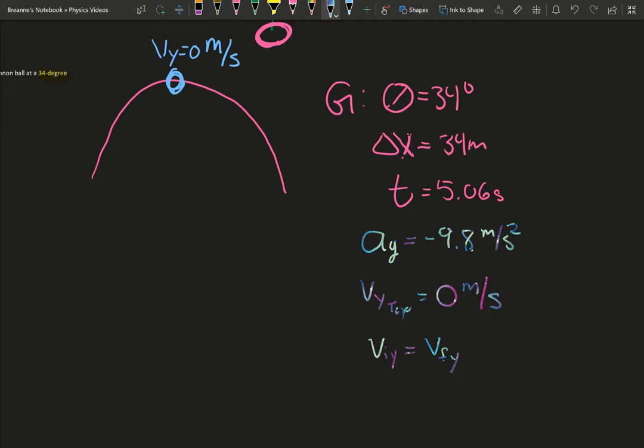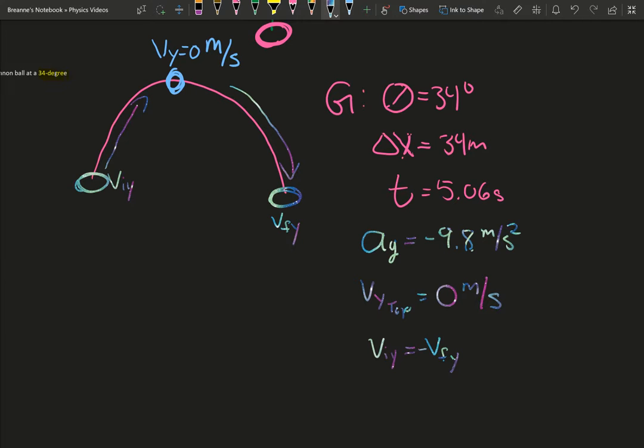So I'm saying that your initial velocity here, your Viy, equals your Vfy. Just your Vfy is going to end up being negative, because it's going up this direction, but then going down that direction.